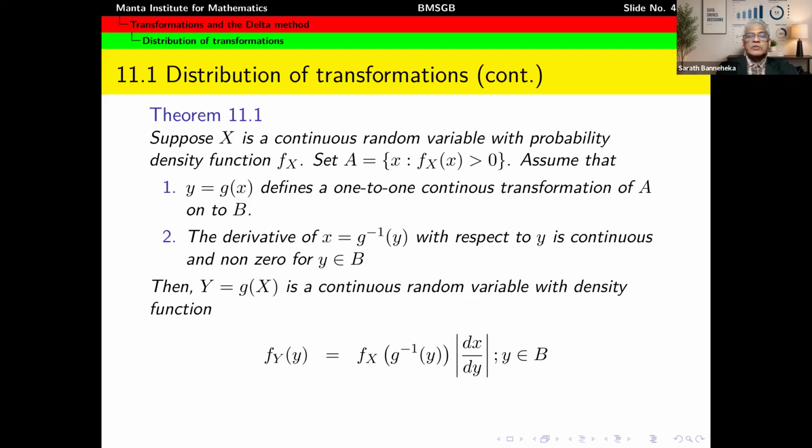It's a very useful theorem that we can use to derive the density function and also the cumulative distribution function of a one-to-one transformation Y equals g of capital X. So we are able to derive the density function or the CDF of Y in terms of the density function or the CDF of X. That's very useful.